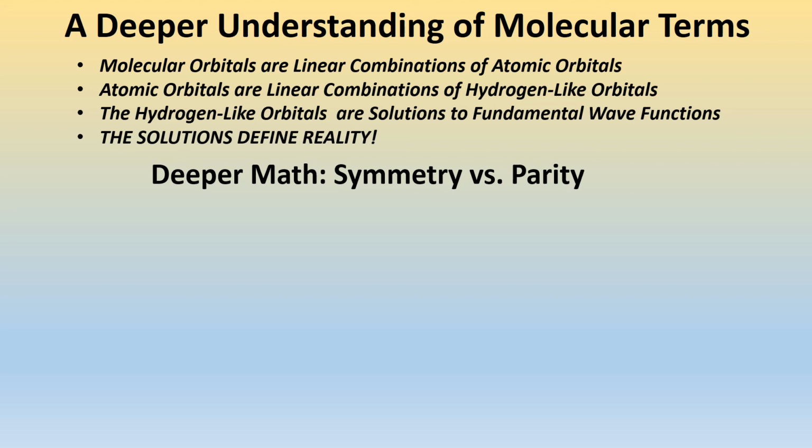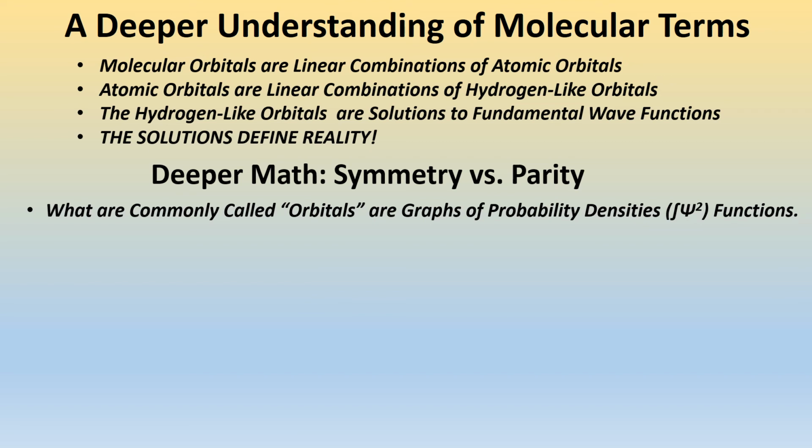Since these are functions at their very basis, they have both symmetry and parity. What are commonly called orbitals are actually graphs of probability density functions, which, if you recall, is the integral of the psi squared. If a function is normalized, that integral over all space should be 1. Math functions exhibit both symmetry and parity, which at first glance might seem to be identical, but there's a crucial difference.